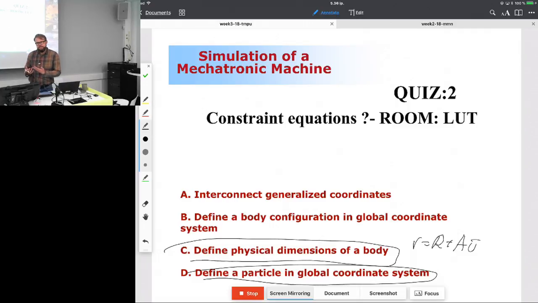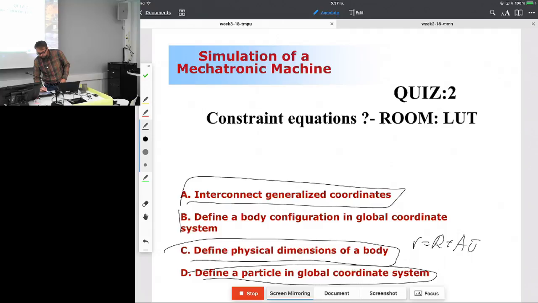It's an ingredient inside of the constraint, but the idea of the constraint is what? Tell the relation between the generalized coordinates. So it interconnects, it combines the generalized coordinates. That's the assignment of the constraints. So it is saying that these coordinates are no longer free to move, but they are coupled in a certain way. And that's because of the constraints. So this is a correct answer.